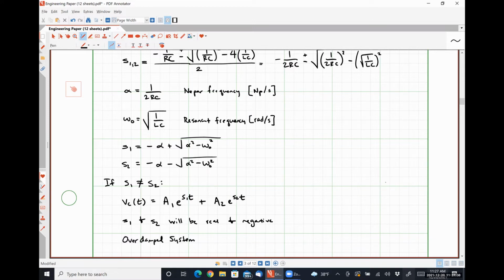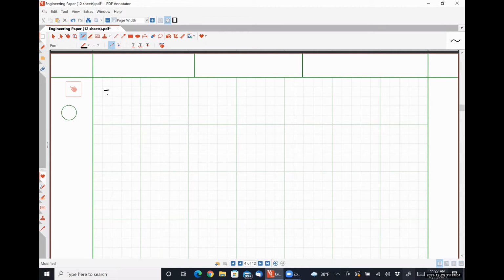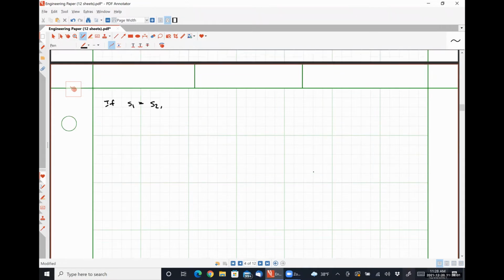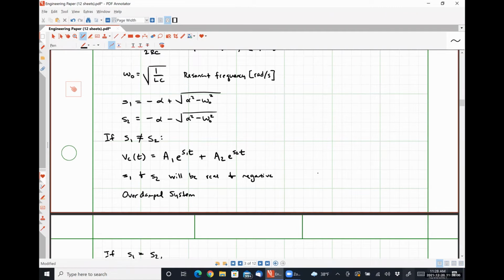Our second condition is going to occur when S1 is equal to S2, okay? So if S1 and S2 are equal, we say S is the natural frequency of the system. So it describes how it settles to its final value.